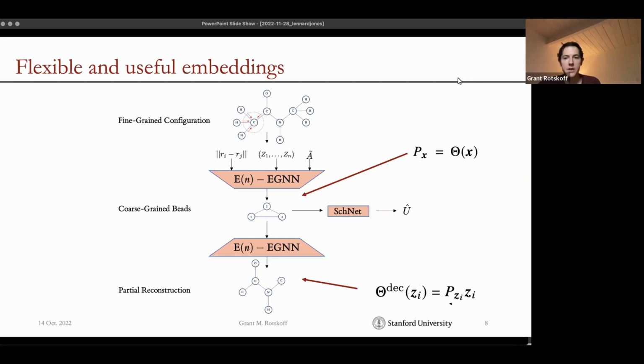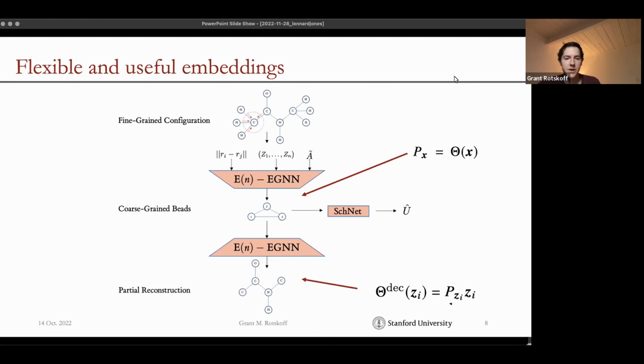We use SchNet to build a representation of the coarse-grained potential. Again, we could replace this with any neural network, and it would be fine. And we do this initial learning in an auto-encoder way, where we do a partial reconstruction of the backbone. So we're simultaneously learning a decoding map, which is a projection that recovers the backbone from the coarse-grained variables.